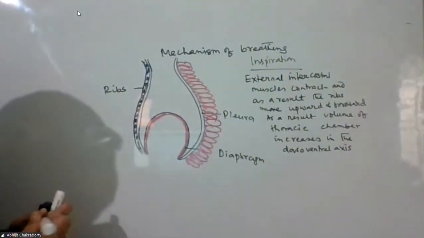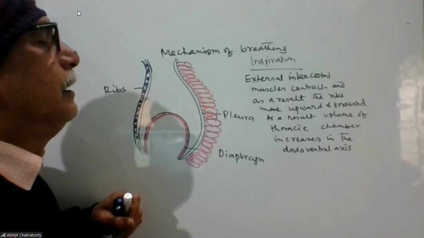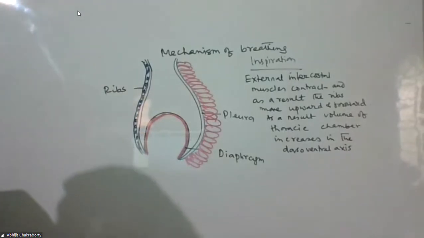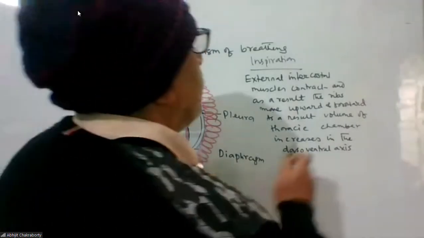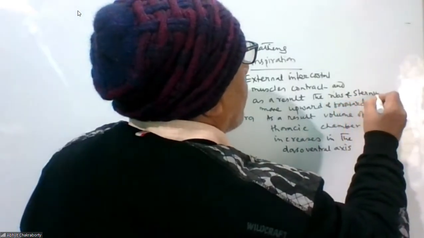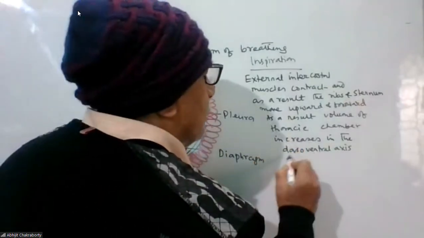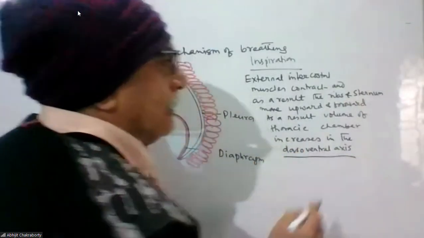Whenever external intercostal muscles contract, the ribs and sternum move upward and forward. As a result, the volume of the thoracic chamber increases in the dorsoventral axis.